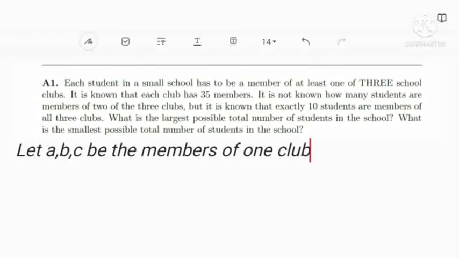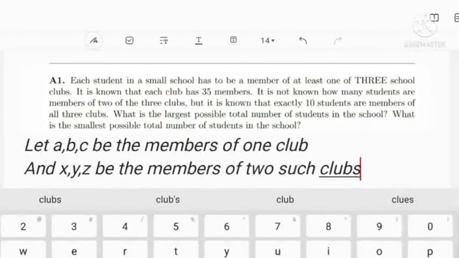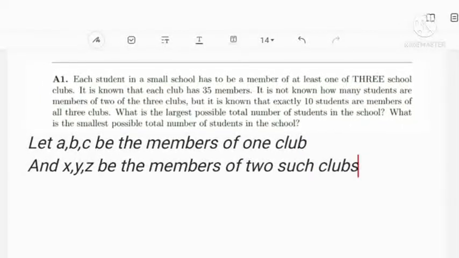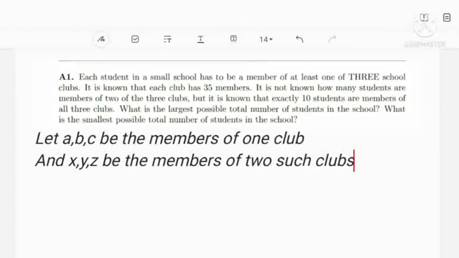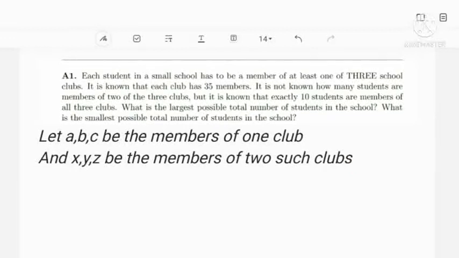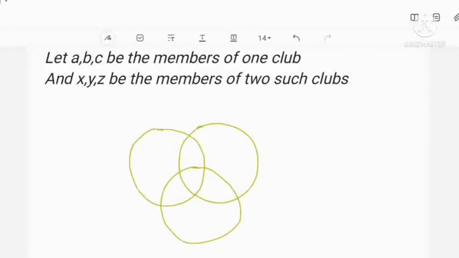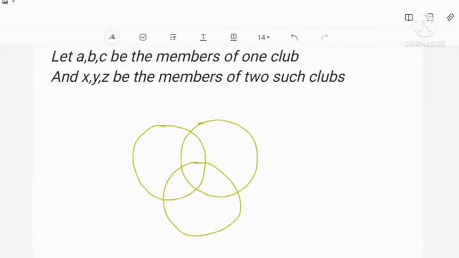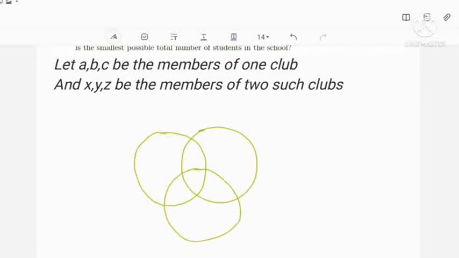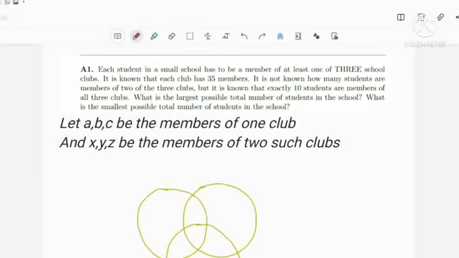Let A, B and C be the members of one club and X, Y and Z be the members of 2 such clubs. Now let us represent these details on a Venn diagram. Let these 3 circles represent the 3 clubs and look at the information given here.